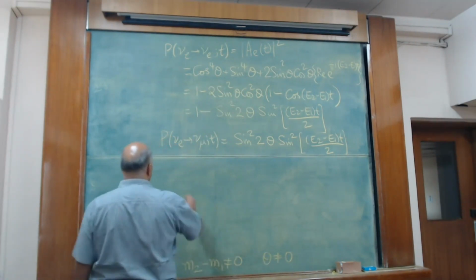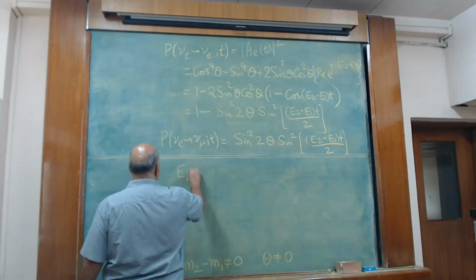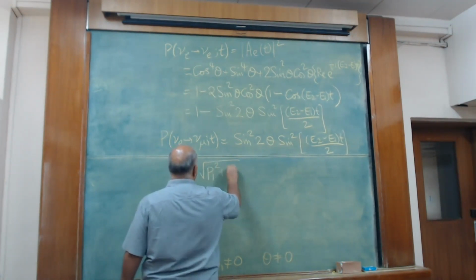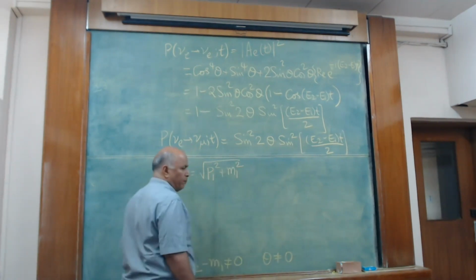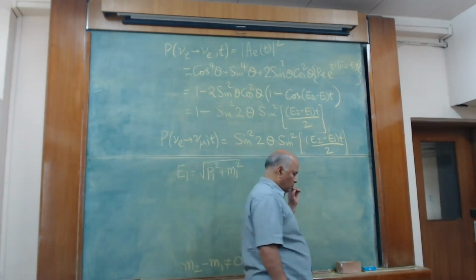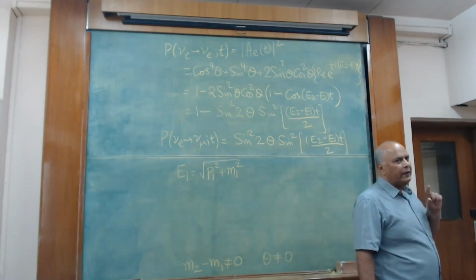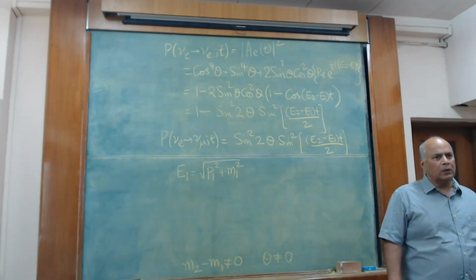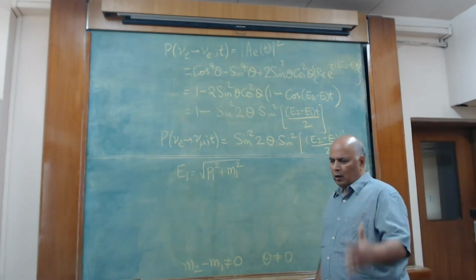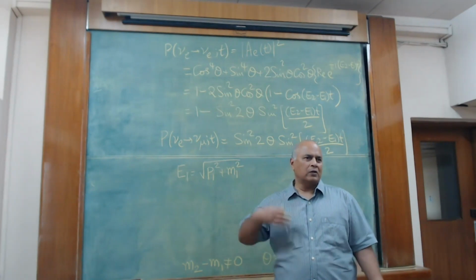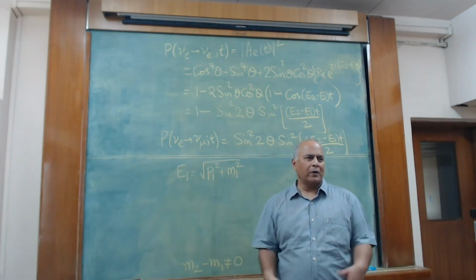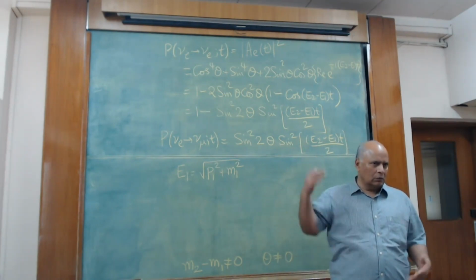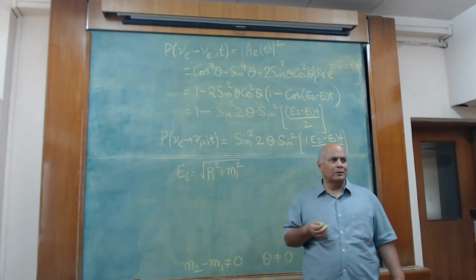Now E1 in general is the square root of P1 square plus M1 square, and any neutrino that we can detect has to be ultra relativistic, because in order to detect a neutrino, it has to interact and produce an electron, and electrons have mass of an MeV or so, or in the case of mu, 100 MeV.